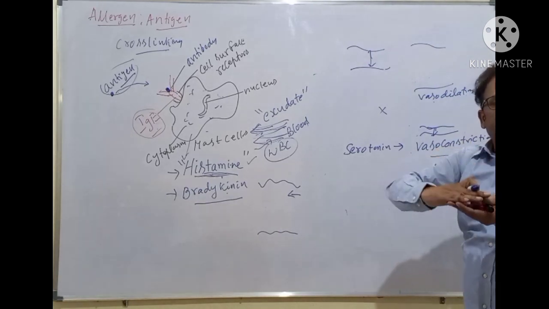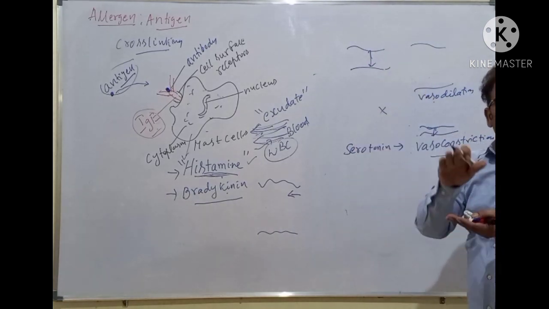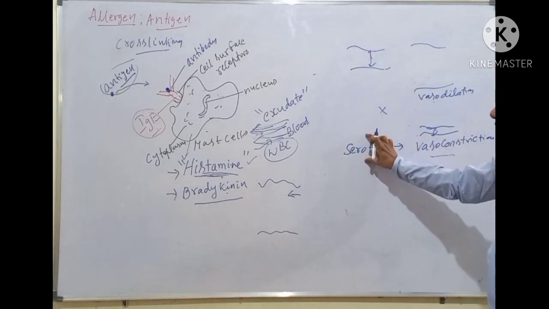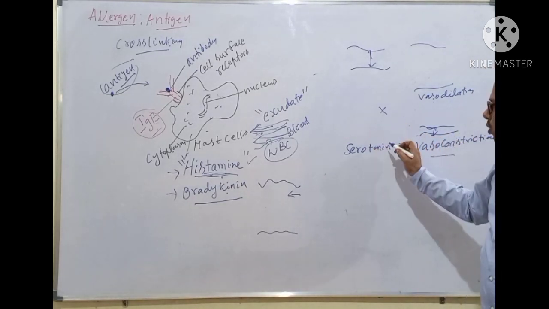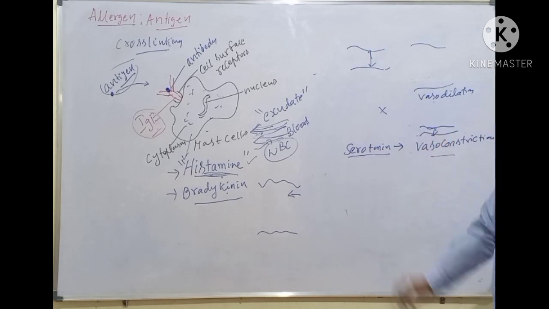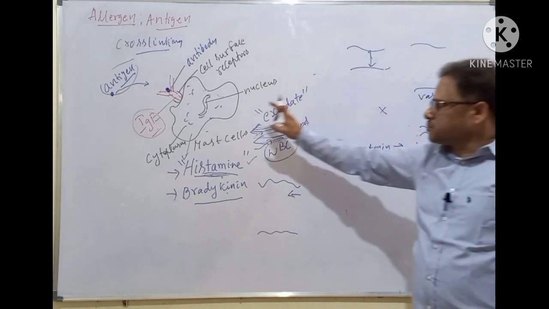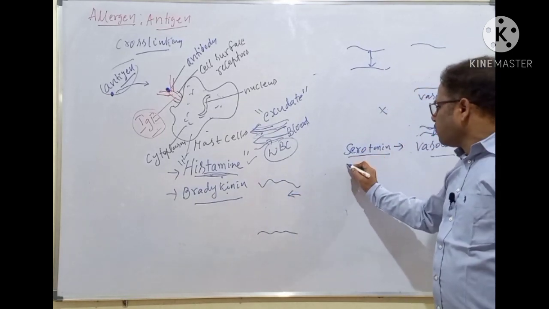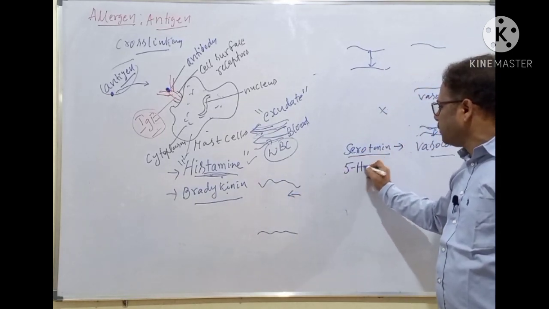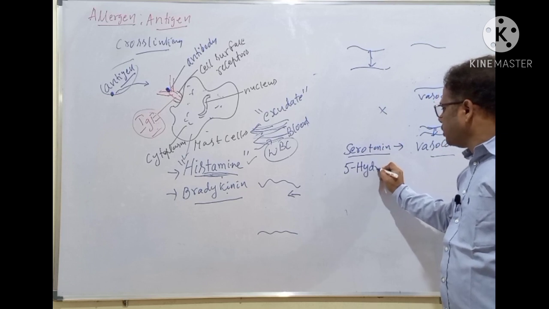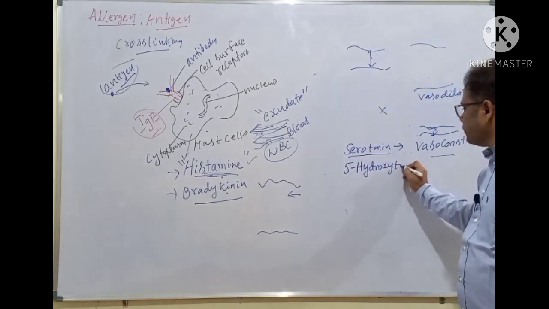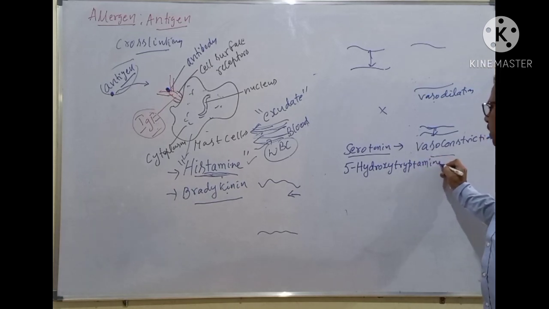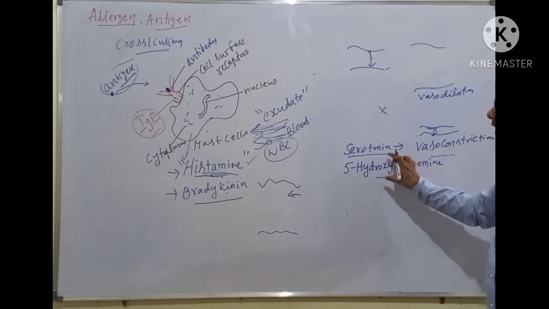If it is expansion, it is vasodilation; narrowing of the blood vessel is vasoconstriction, done by serotonin. Serotonin is also released by the mast cells, and chemically this is called 5-hydroxytryptamine. 5-hydroxytryptamine is the chemical name of serotonin.